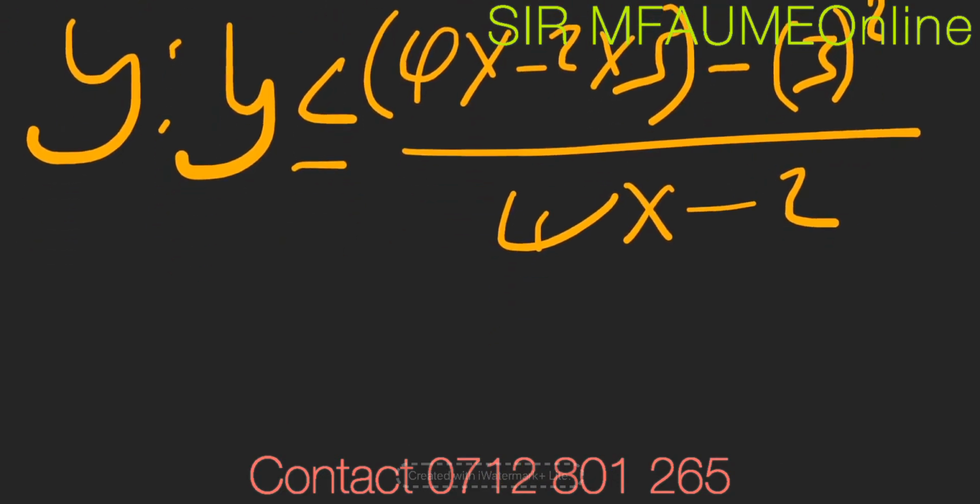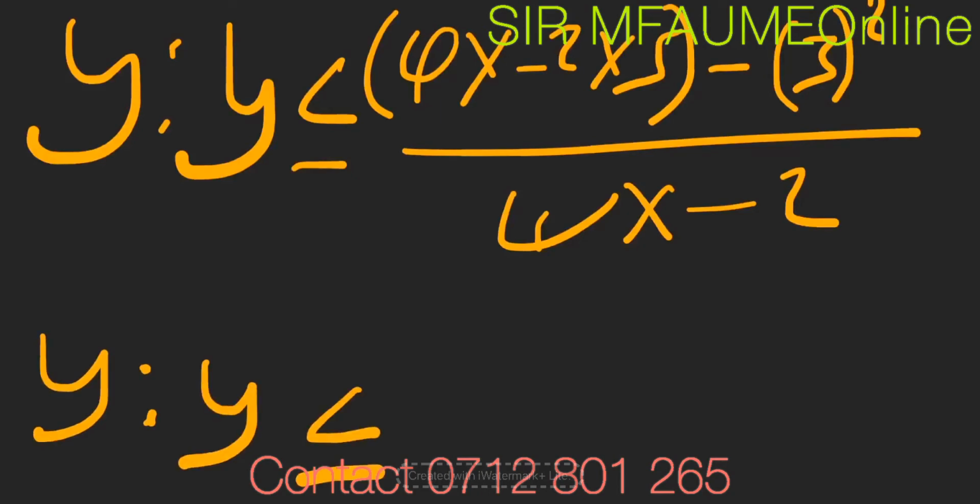From there, the range will be y such that y is less or equal to, when you multiply 4 times 2, we get 8. 8 times 5 we get 40, but with the negative 2 it now becomes negative 40. Then minus 3 squared, that means 3 times 3, so it will be minus 9.